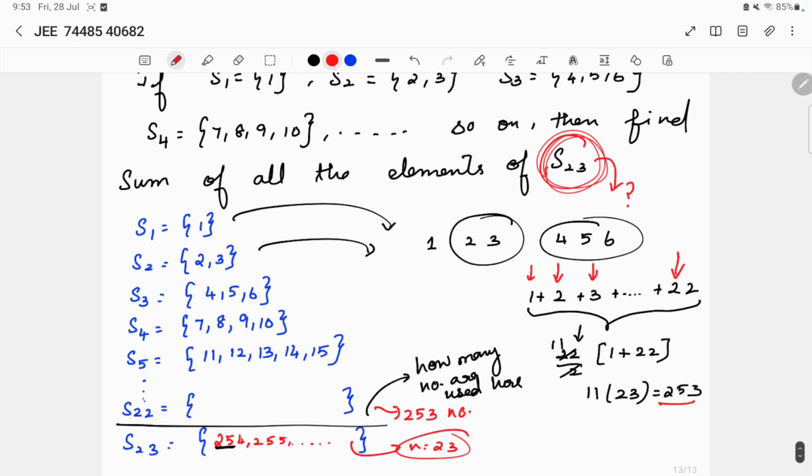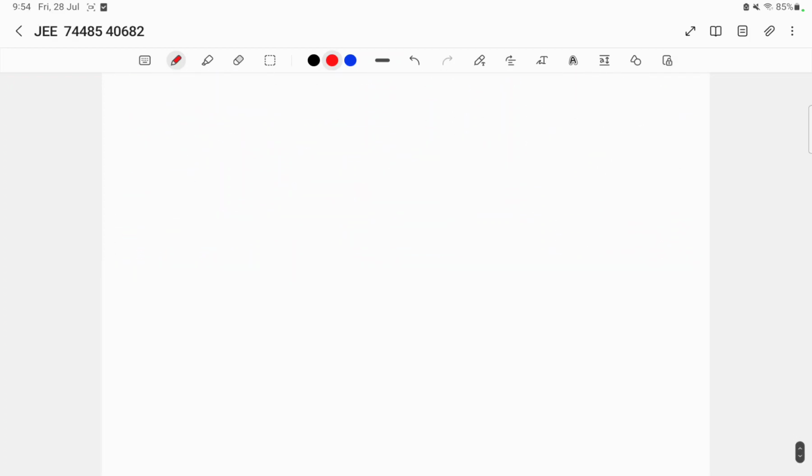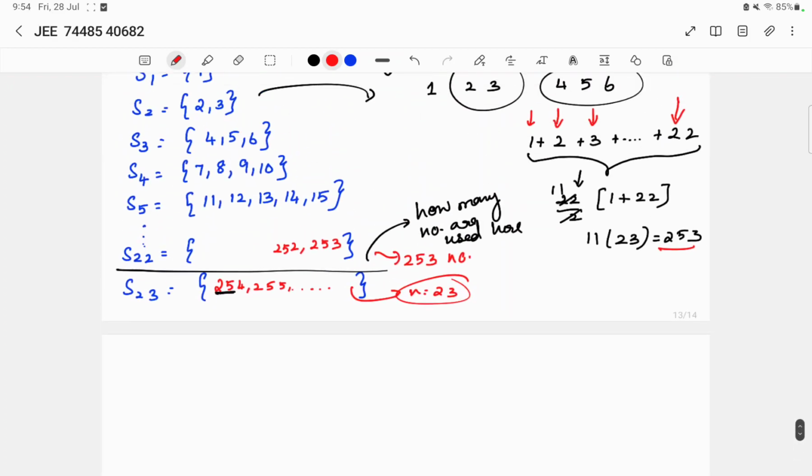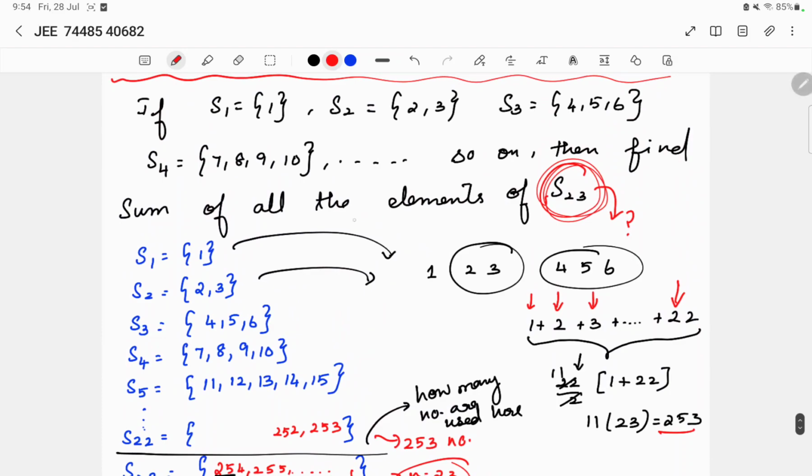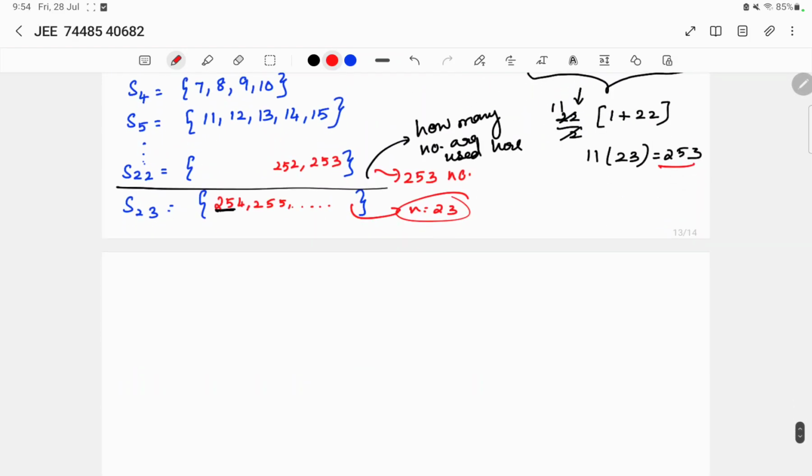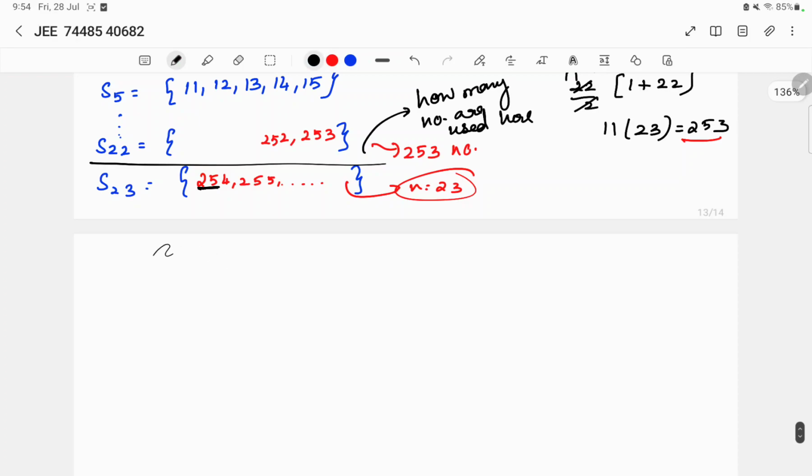So now after this 253, in S23 we have 254. The last term of this S22 will be 253, here 252, like this it keeps on going. And 254 is the first element of S23. Now it forms an AP. Now what they are asking in the question is the sum of all the elements of S23. We found the elements of S23. Now just take A equal to 254, n we got 23, and common difference d equal to 1.